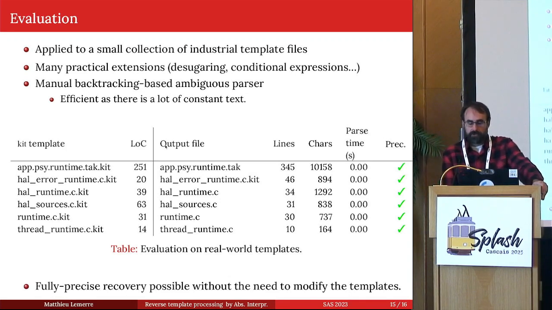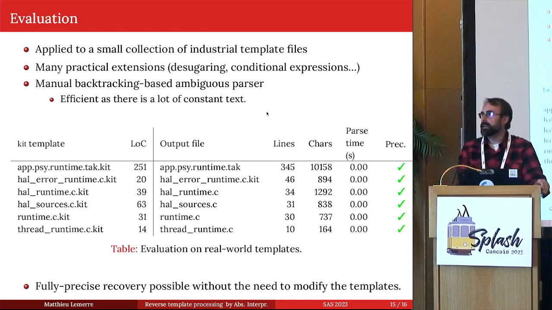We also had some interesting extensions that are present in the paper where we can handle truly recursive calls, etc. And this is one case where widening will be useful. So you can refer to the paper for these extensions. And we implemented manually a backtracking ambiguous parser.